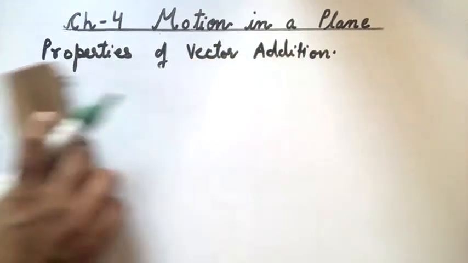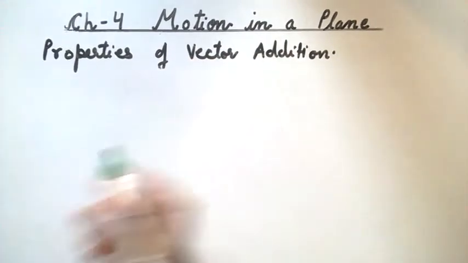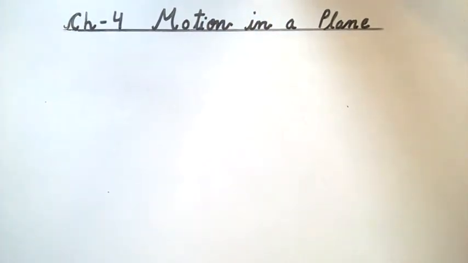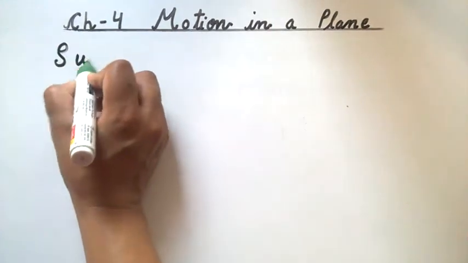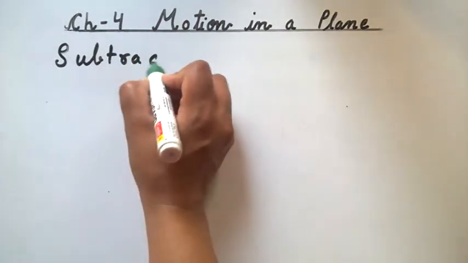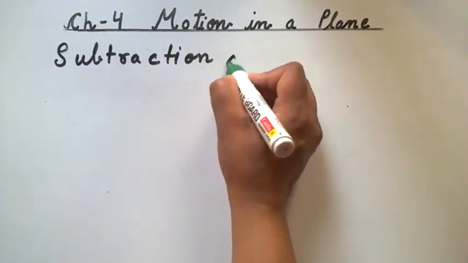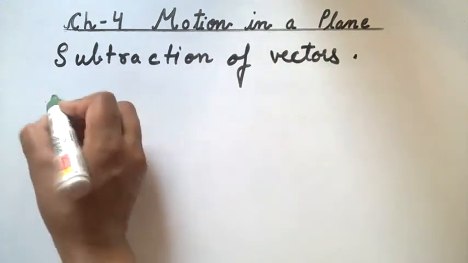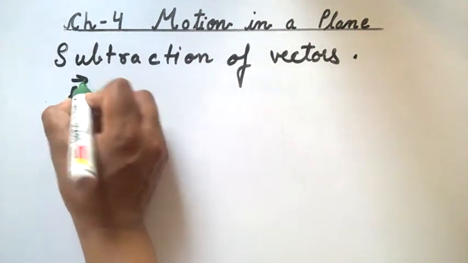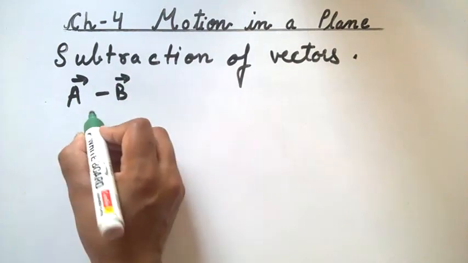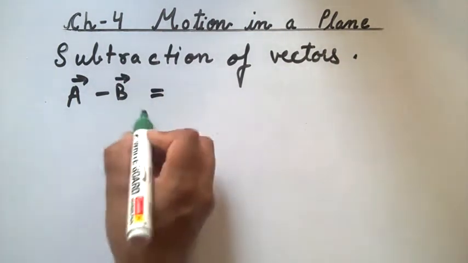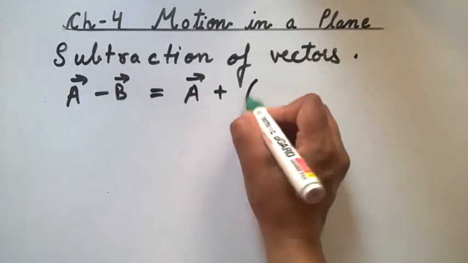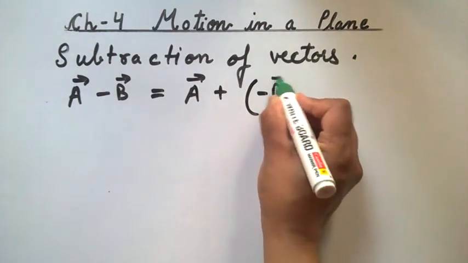Now the next one is subtraction of vectors. We have seen addition and its properties. How can we subtract two or more vectors? If there are two vectors and we want to subtract them, then we can write it as a vector plus the second vector in the opposite direction of the first vector.